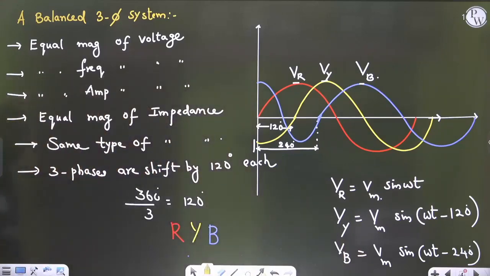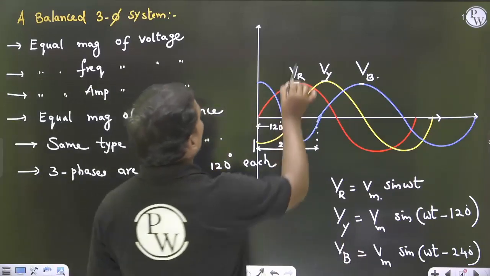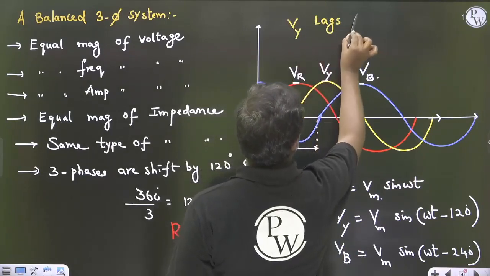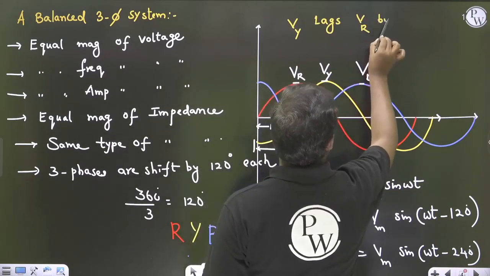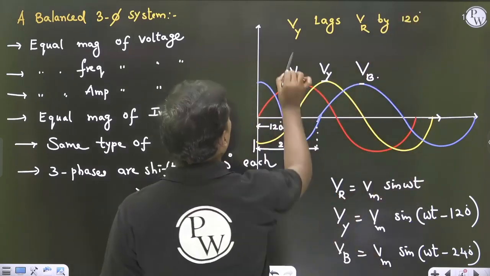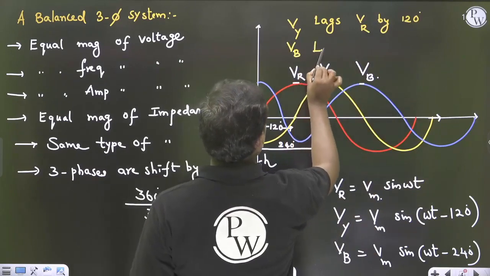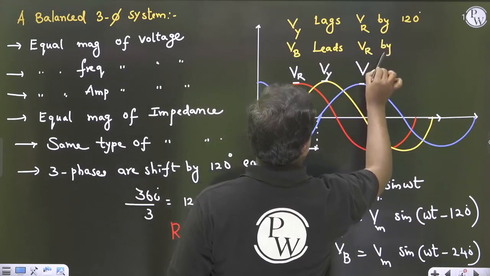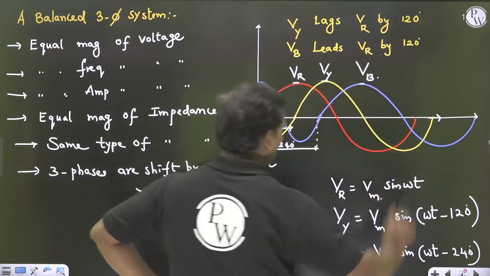Okay, so what I can write here: in three phase, VY lags VR by how many degrees? 120 degrees, whereas VB leads VR by 120 degrees. That's what I'm mentioning here.